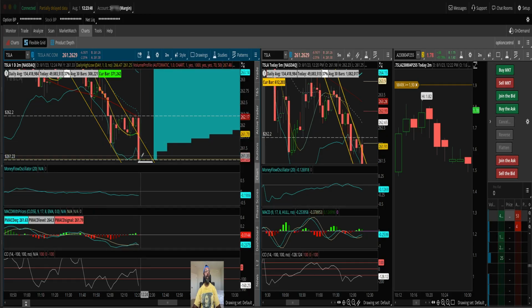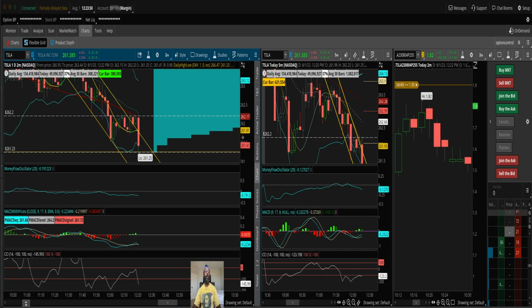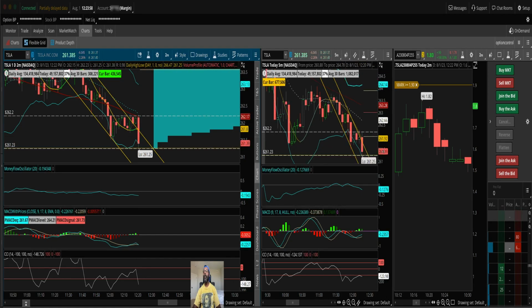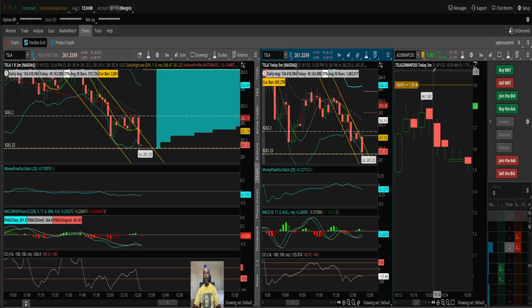Look at that, just bang that new low. That is absolutely insane. Love it. Look at the option right there. Look at the option just move, just change, just wow.